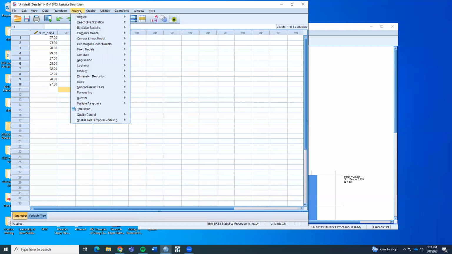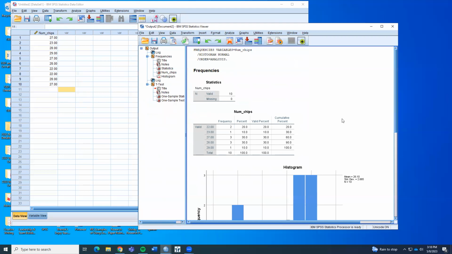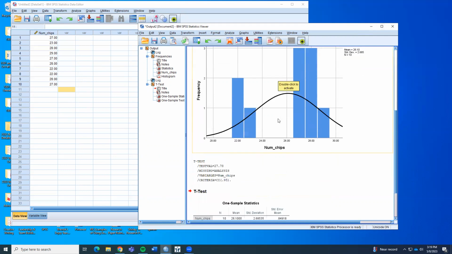I went from Analyze to Descriptive to Frequencies, and then under Charts, I went to Histogram. And here we got that information. So even though there's some variance from one cookie to the next, it all fits under our bell curve. And so we know that going forward.